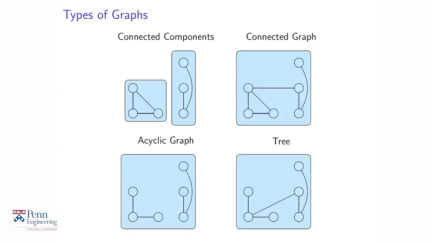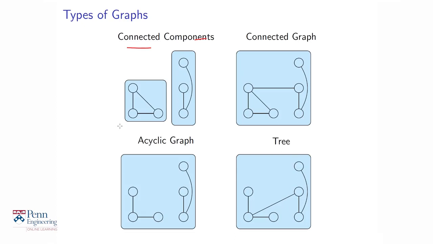Now, once you have an equivalence relation on a set of vertices, it partitions the vertices into what are called equivalence classes, where 2 vertices are in the relation if and only if they lie in the same class. And so the equivalence classes that you get with regard to the connected relation are called the connected components of a graph.